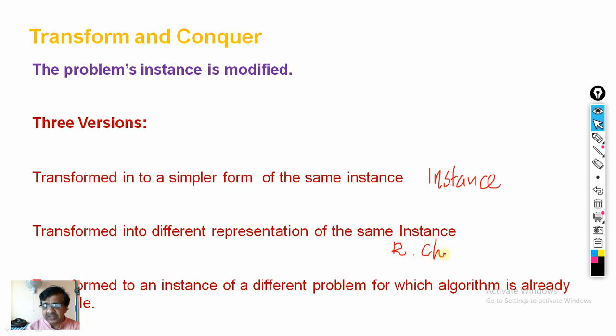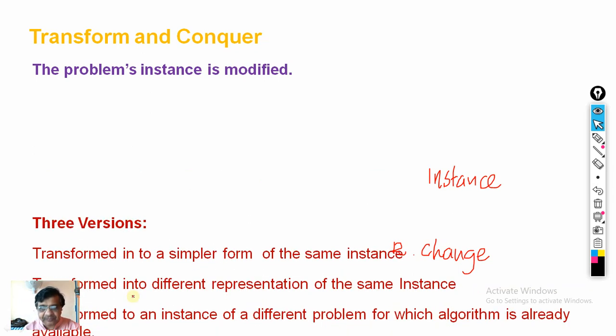The entire thing will be represented in a different form, but the nature of the problem remains the same. But here it is a total change. A problem of one kind is reduced to a problem of another kind. Therefore, this particular version is called problem reduction.